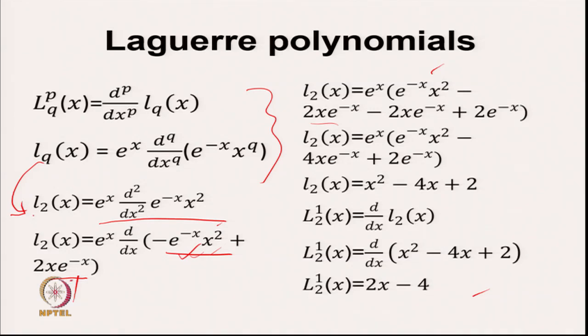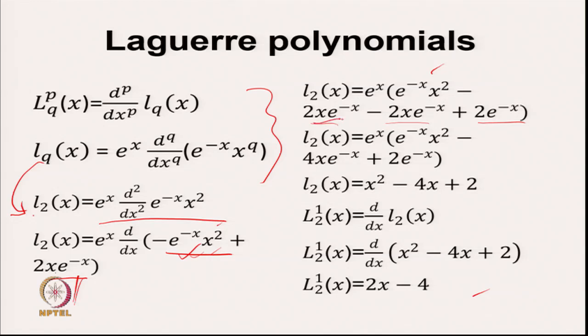Now, differentiate 2x e^(-x). What you are going to get is minus 2x e^(-x) when you differentiate e^(-x), and 2e^(-x) when you differentiate x, keeping e^(-x) constant.